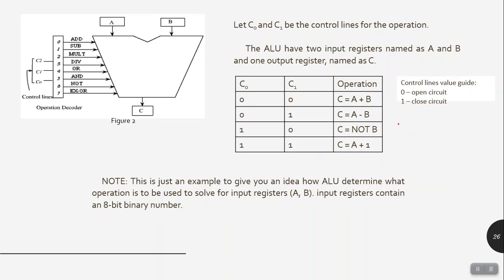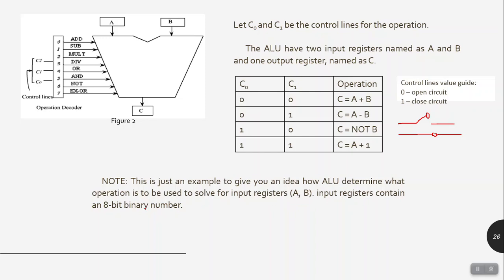For example, an open circuit means there's no electric current flowing on that circuit. And a closed circuit means there's an electric current passing through the wires. This is just an example to give you an idea how the ALU determines what operation to use to solve for input registers A and B.